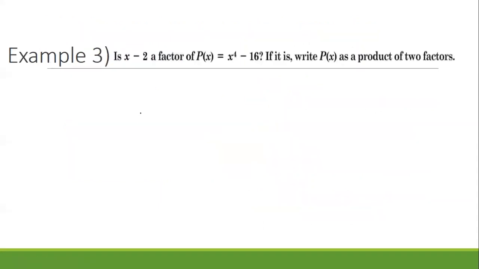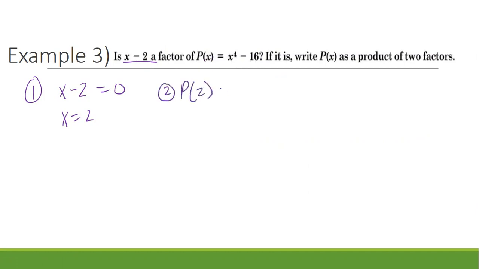So for example here, we have x minus 2, and we want to know, is it a factor of x to the 4th minus 16? Okay, so step 1 tells us to take what we're checking as a factor, x minus 2, set it equal to 0. We get x equals 2. And we're going to take that value and substitute it into the polynomial.